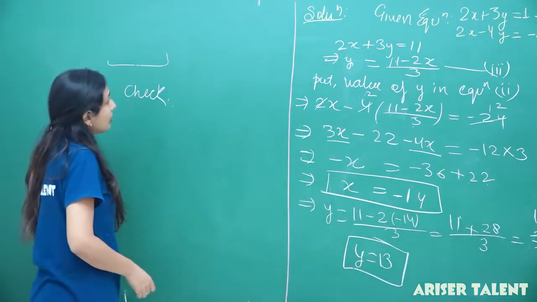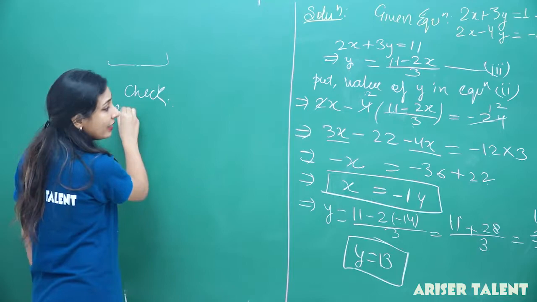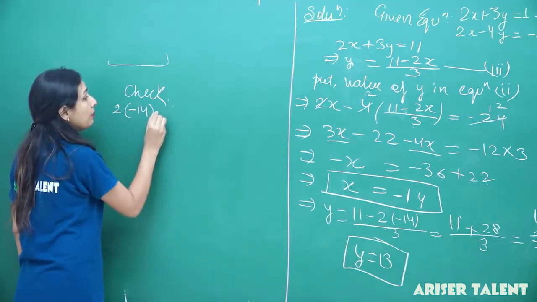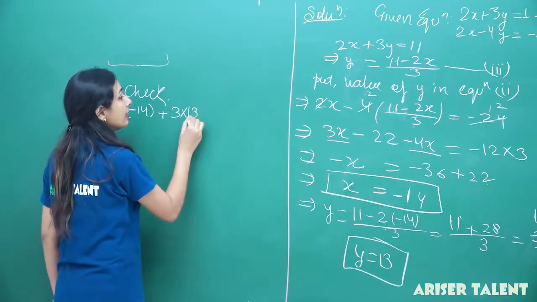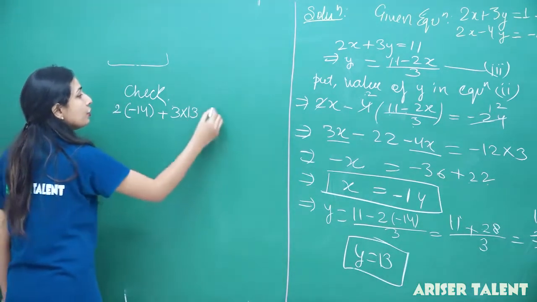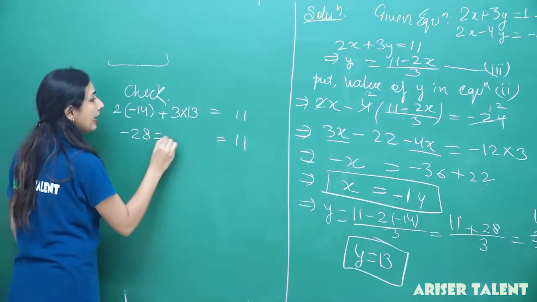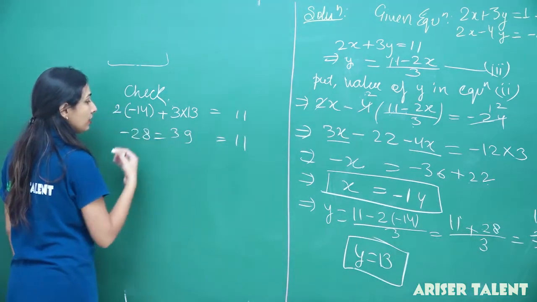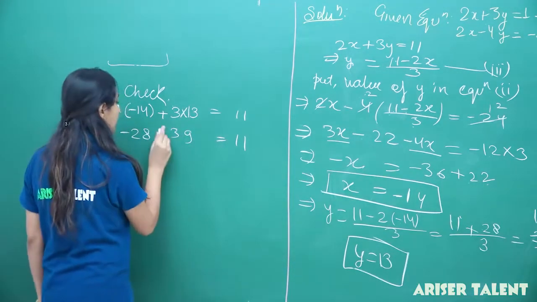So check is there, 2 multiply the value of x minus 14 plus 3 multiply by the value of y, that is 13, should be equals to 11. So minus 28 and 9 and 3, sorry, this is not minus, this is plus.